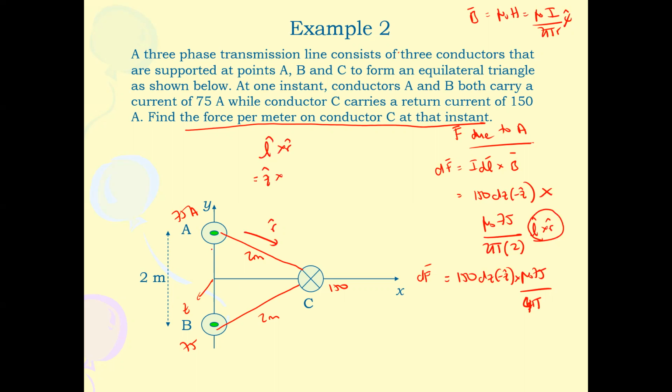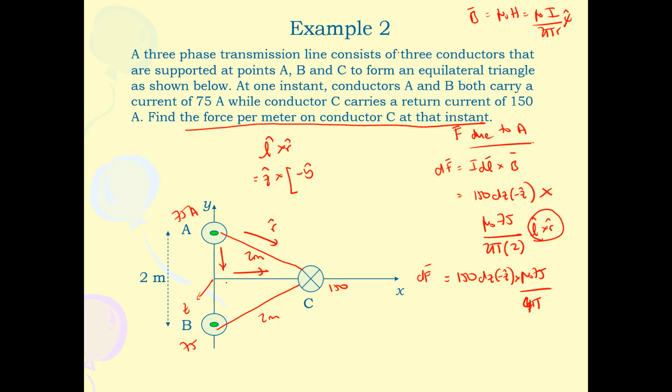From this diagram, the R vector is comprised of this vector and this vector. So we can write R as negative y plus this component.